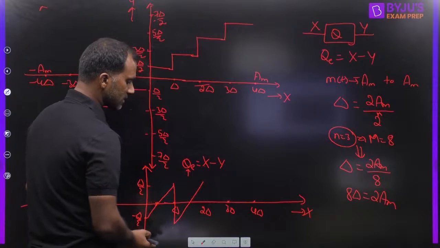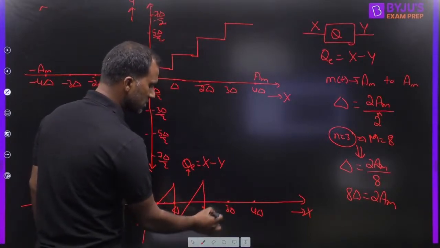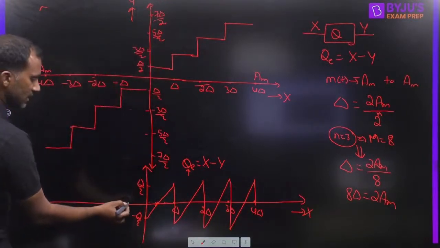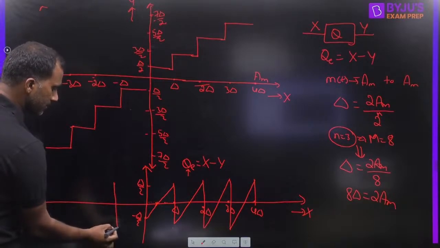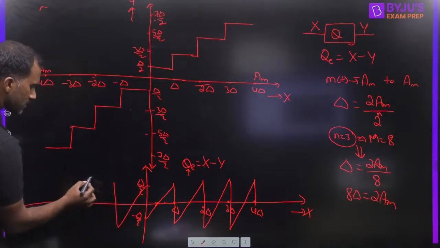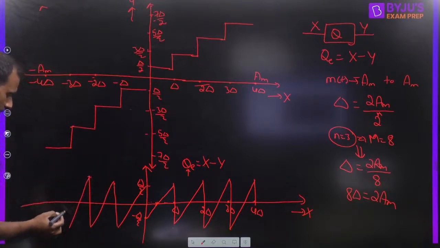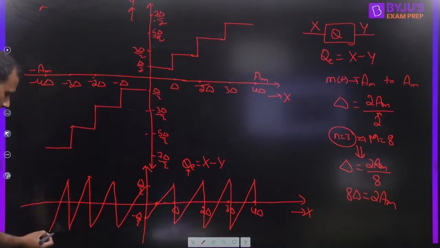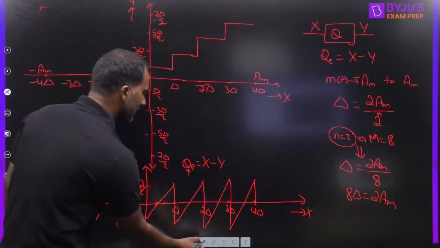The same characteristics will repeat here. Similarly, in the next region, from 2 delta to 3 delta, the same characteristics will repeat, and on the other side also, the same characteristics will repeat. Something like this. Okay.